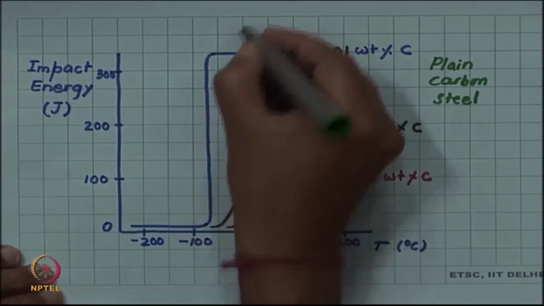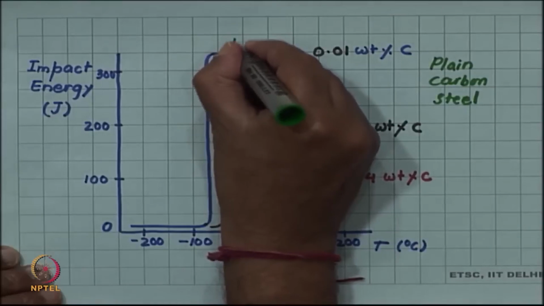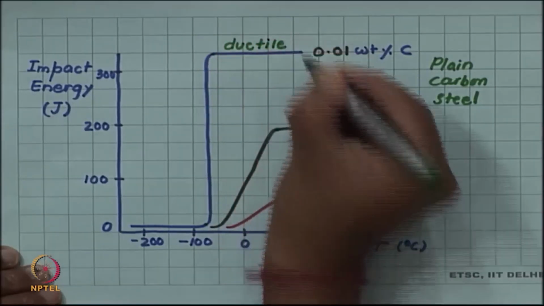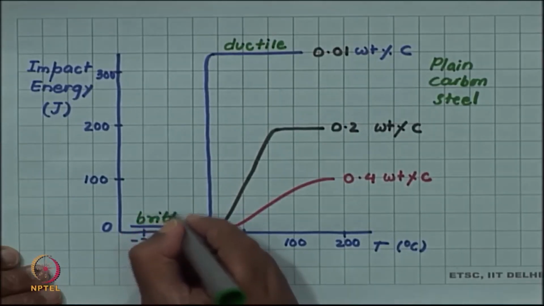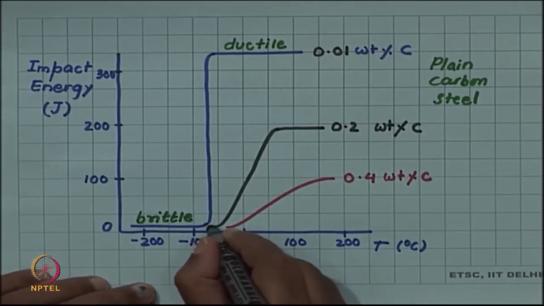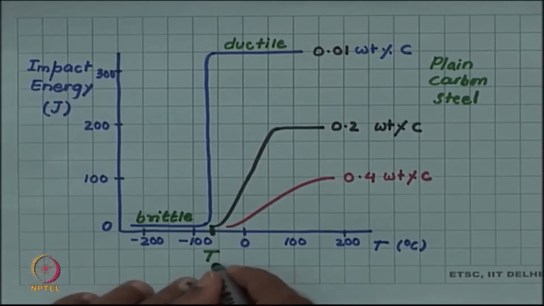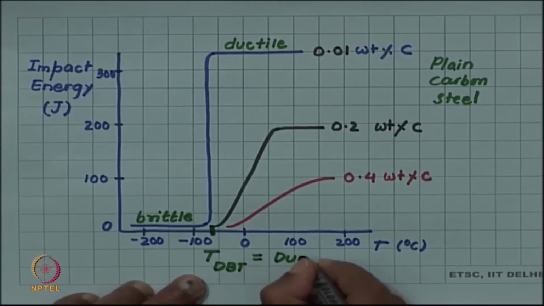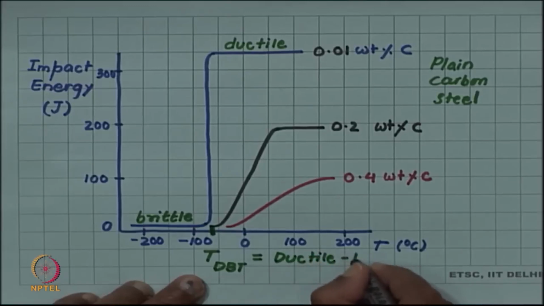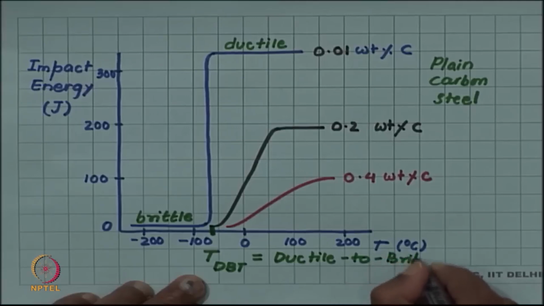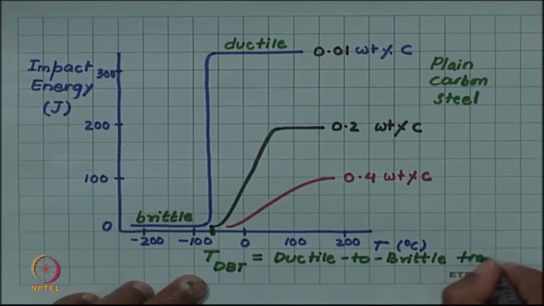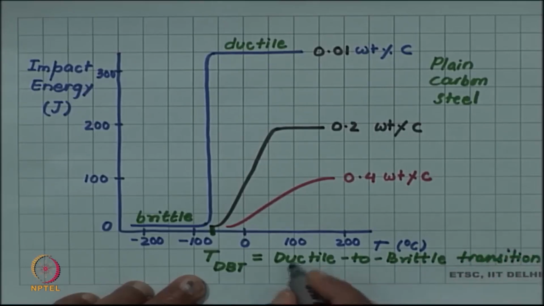So, this represents a ductile behavior, whereas this represents a brittle behavior, and a transition is happening at this temperature, which we will call the ductile to brittle transition temperature, TDBT.